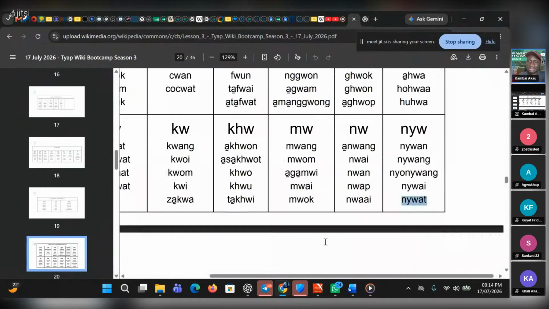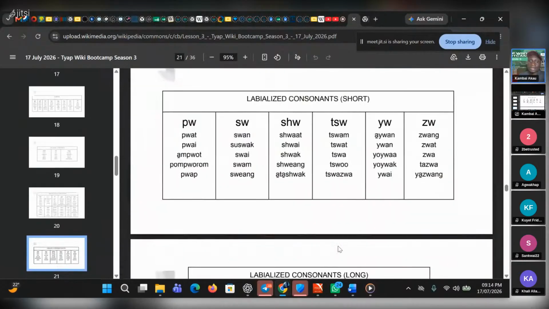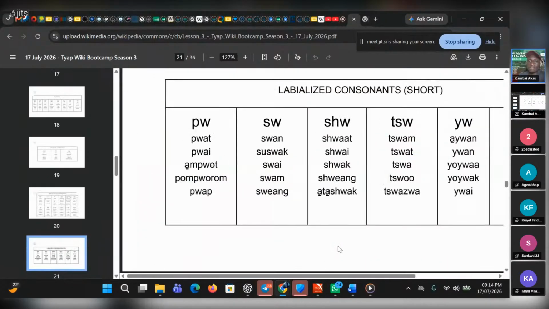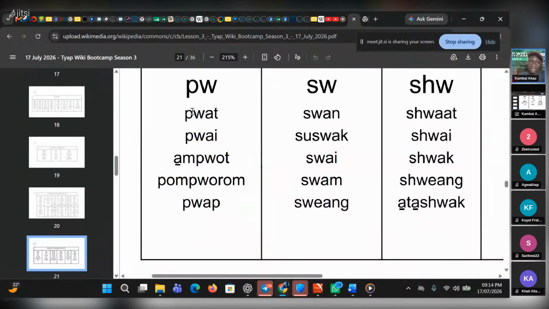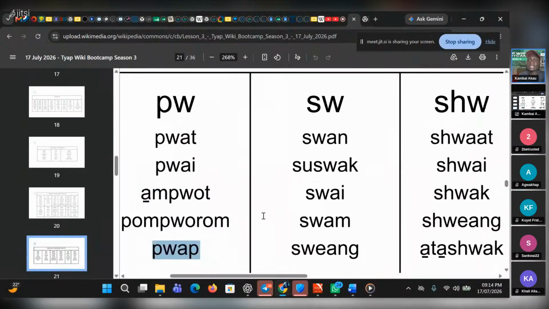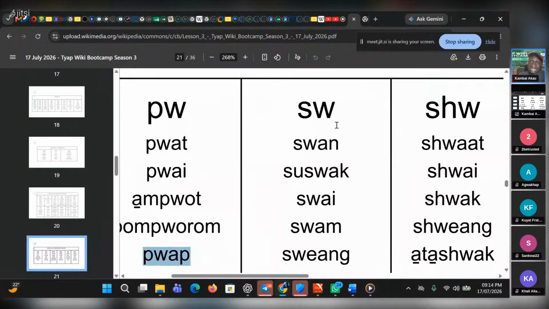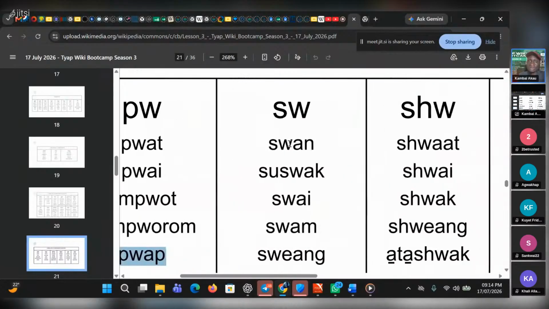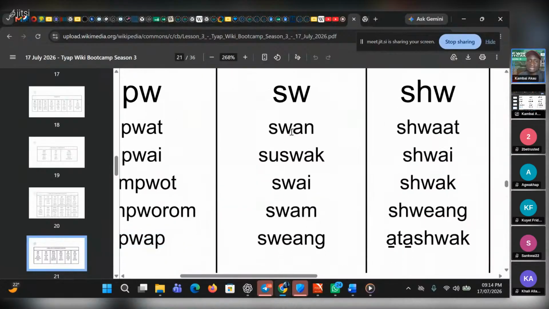And then next we have the labialized P sound. Examples: pwat, poi, pomporum, and pwap. Then we have the labialized S sound. Examples: swan, suswak, swai, swam, and swayang.